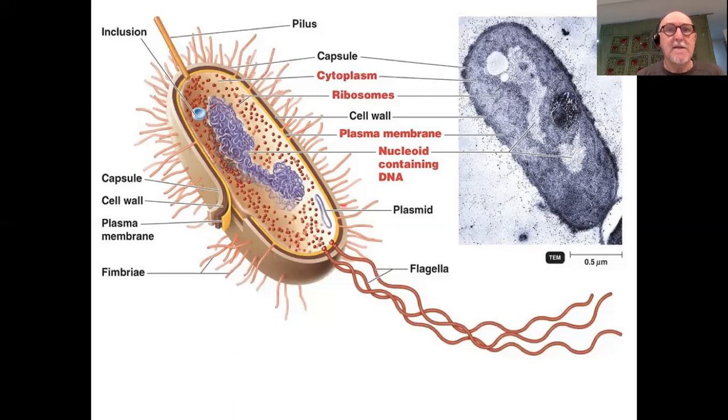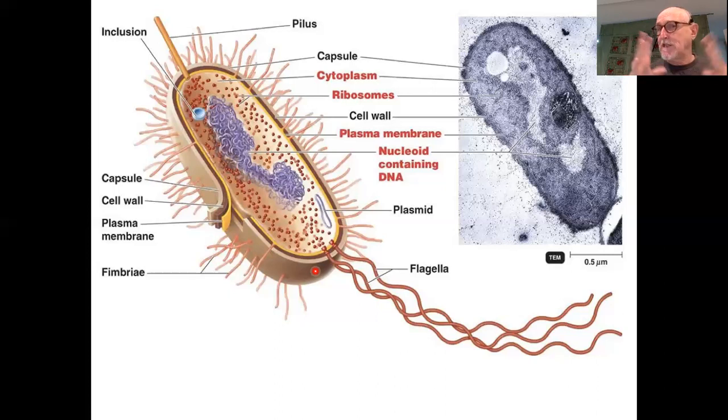And there are several different functions for capsules and slime layers. The two which are really important in health sciences: the first is very often capsules are for attaching the bacterium to a surface, and also they often provide protection from immune attack.